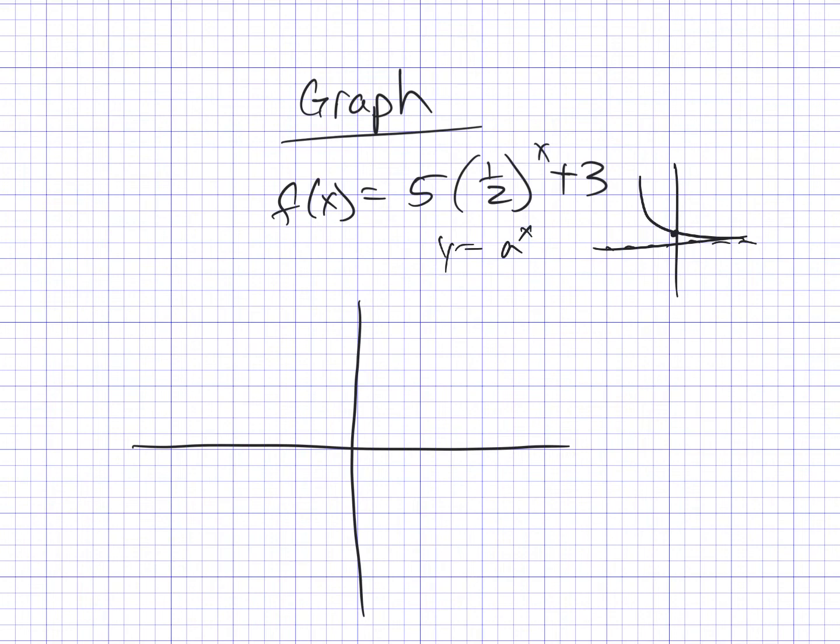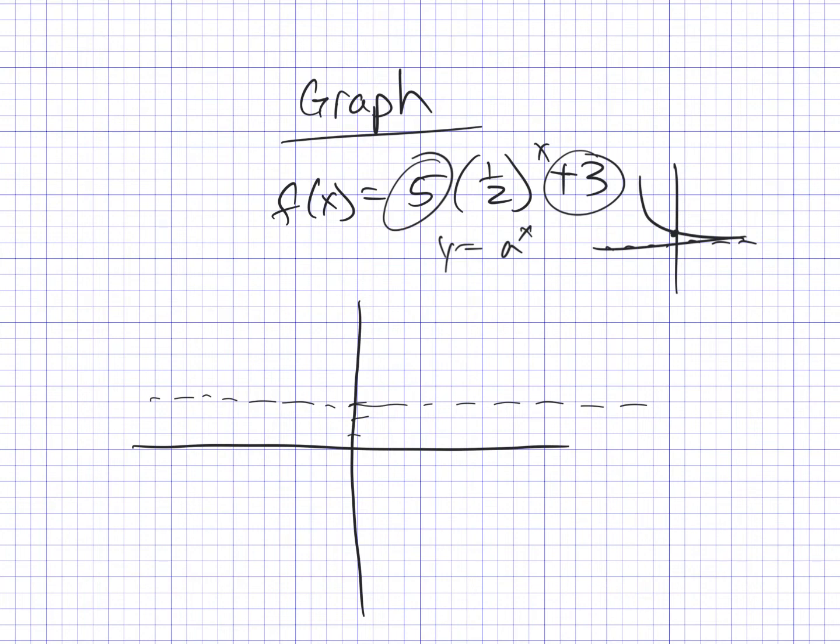So the 5 stretches it vertically, and the 3 vertically moves it up. So your asymptote moves up 3 places. But the point 0, 1, that's not necessarily going to be at 0, 4, because the 5 increases it.